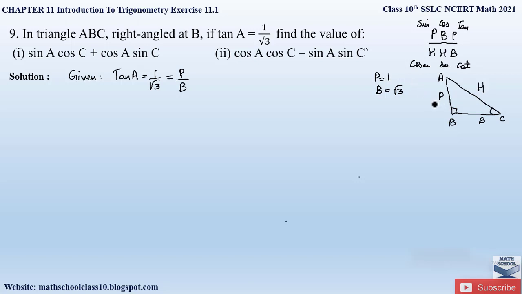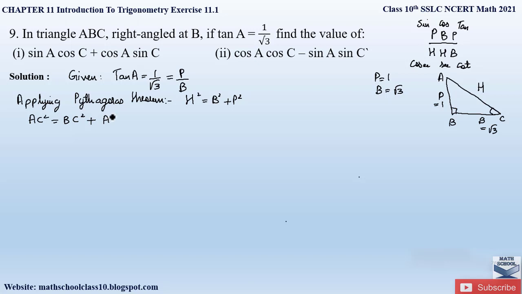So here perpendicular value we know, which is 1, base is root 3. So we can find out the hypotenuse value by applying the Pythagoras theorem to triangle ABC. Applying Pythagoras theorem, which is given by hypotenuse square is equal to the base square plus perpendicular square. Here hypotenuse is AC, so AC square is equal to base BC square plus perpendicular AB square.